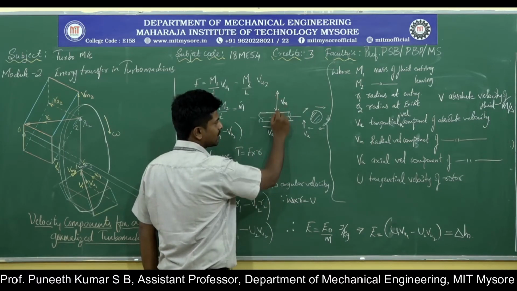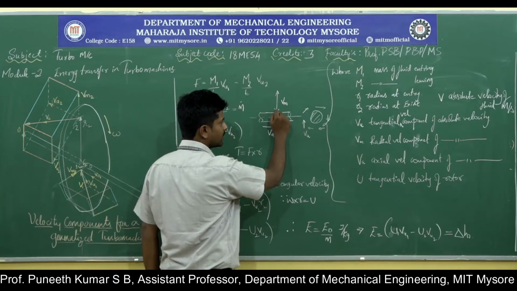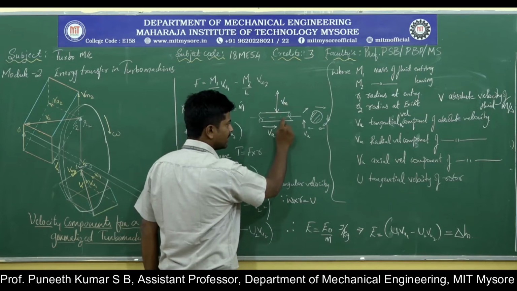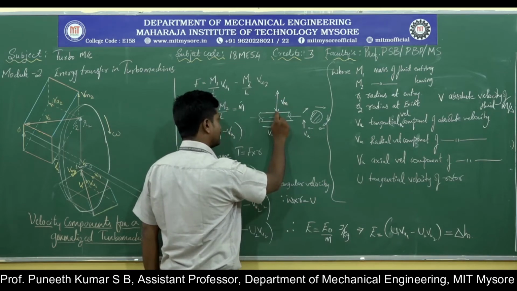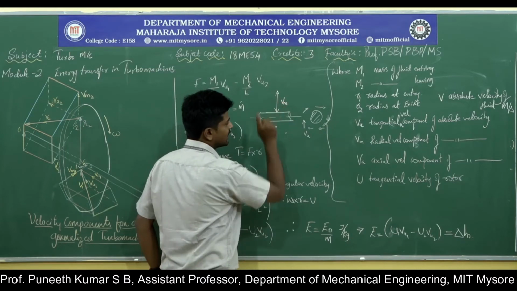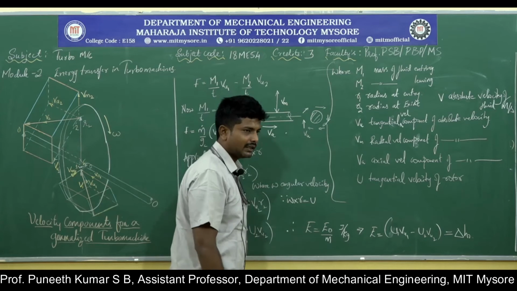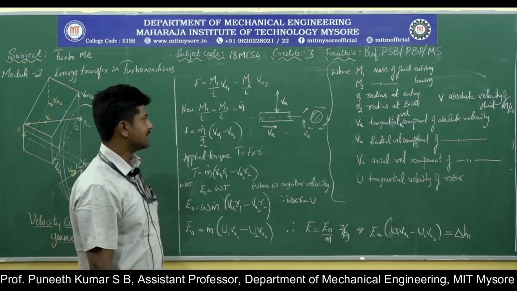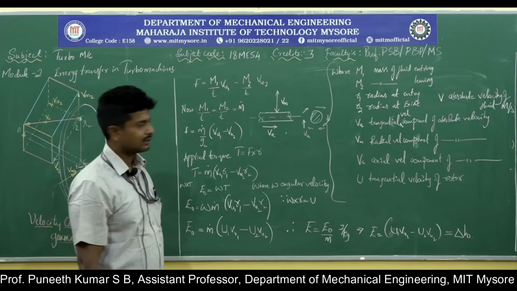The meridional direction is whenever the fluid is flowing or the resolved component is in an exactly perpendicular direction to the axis of the shaft, whether it is far away from the center or towards the center. It is represented by Vm. M represents meridional, which can also be called the radial component.